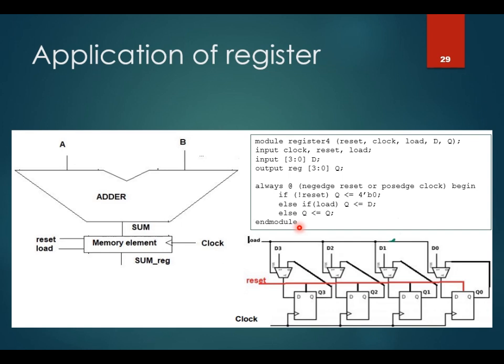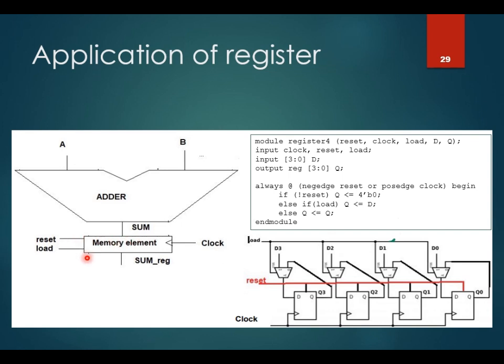A load register is used to store the result of an operation, for example a result from the adder called sum. It comes out here, but it may not be used immediately. We want to store it first until it is needed later. So when the sum is ready, we need to activate the signal load so that the correct answer of the adder is loaded to the register.